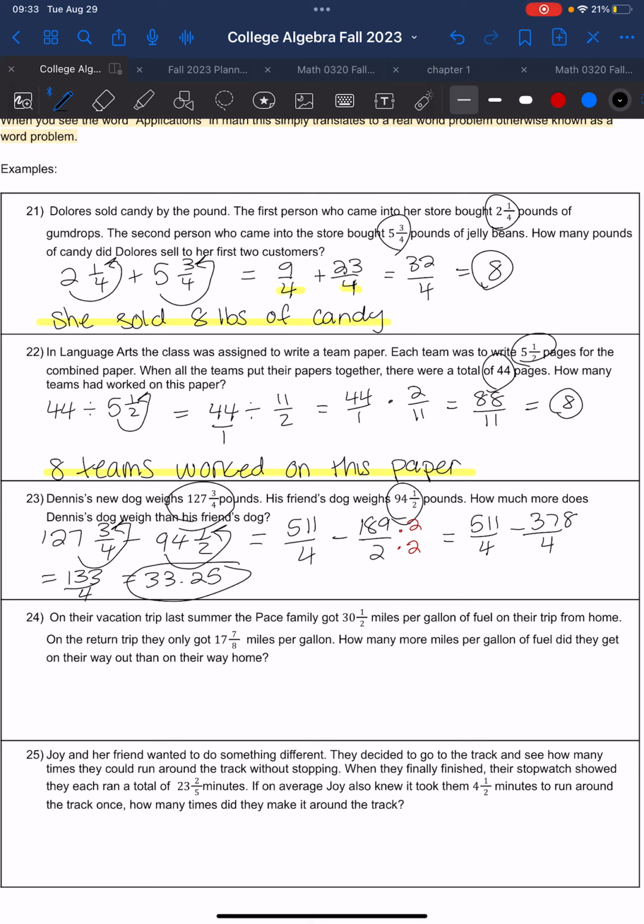Since I am dealing with the word problem, having that whole number of 33 is helpful. Remember, I need to answer my question, and my question was, how much more does Dennis' dog weigh than his friend's? So we are going to write that his dog weighs 33.25 pounds more. And that is our answer.